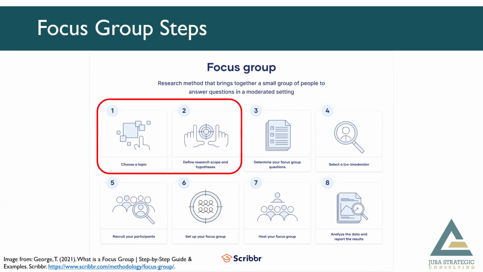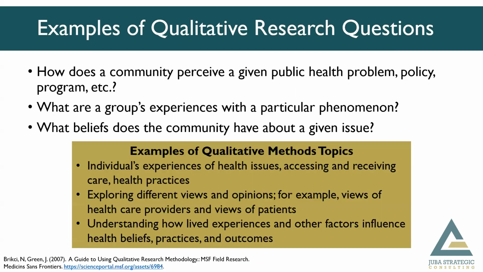So to start, we'll begin at the beginning of this process, thinking about research topics and defining the research scope and hypotheses. Here are some examples of research questions that can be answered through focus groups and other qualitative methods. For example, we can explore how a community perceives a given public health problem, a policy, a program, and so on.